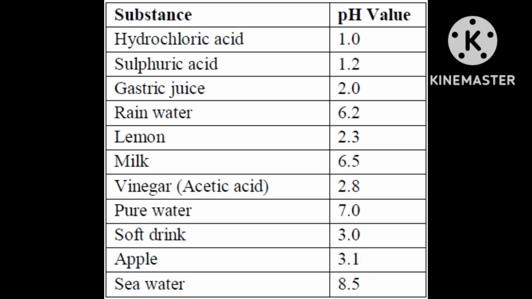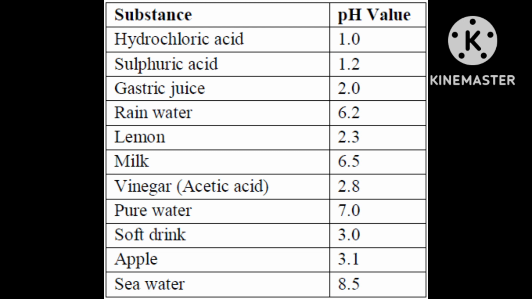Then for this reaction, Ka will be the concentration of products divided by the concentration of reactants: the molar concentration of H3O plus times the molar concentration of ammonia, divided by the molar concentration of ammonium.